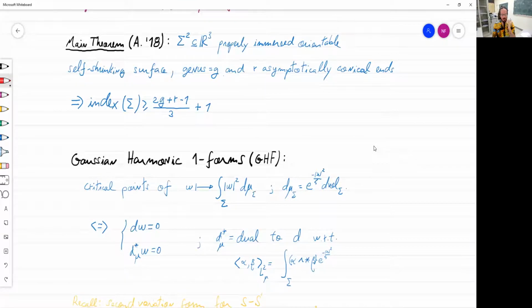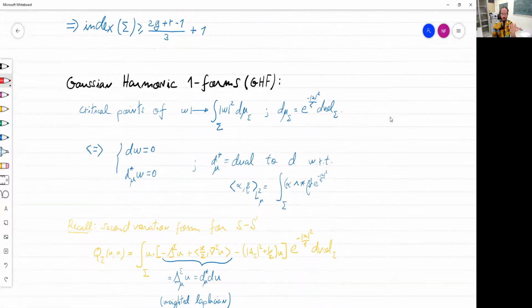Well, like I said, it's just a combination of previous results for minimal surfaces with the appropriate adaptation. So instead of harmonic forms, we use Gaussian harmonic forms, right? Harmonic forms are critical points of the L2 norm, and Gaussian harmonic forms are critical points of the L2 norm with the Gaussian weight.